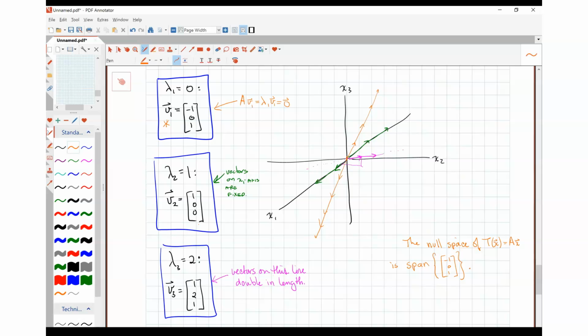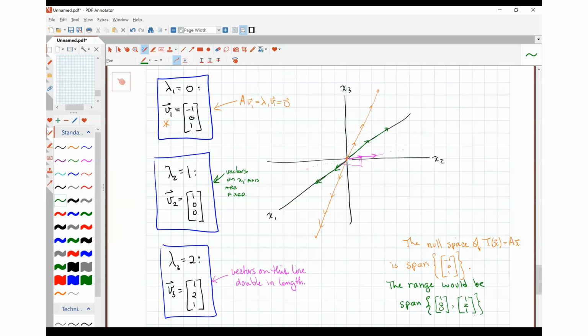So let's see. If I mixed purple and green, what would I get? Brown, I guess. Let me just stick with green. So the range would be the span of 1, 0, 0 and 1, 2, 1.